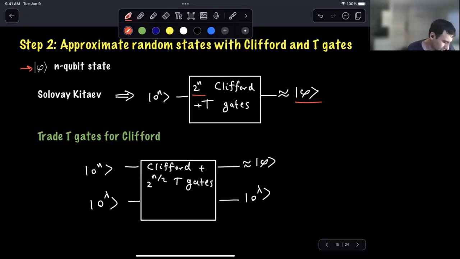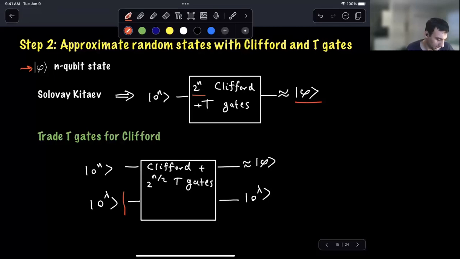There is a result showing that you can have a circuit that has a lot of ancilla qubits, but consists of Clifford plus 2 to the n over 2 T-gates.